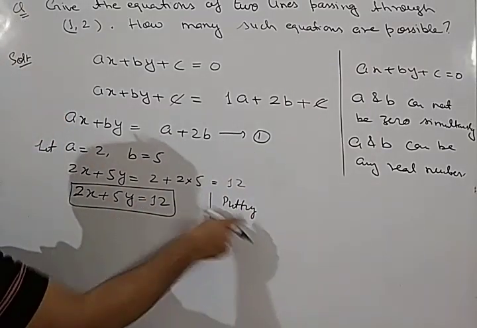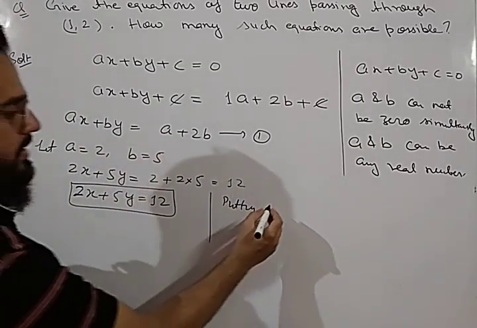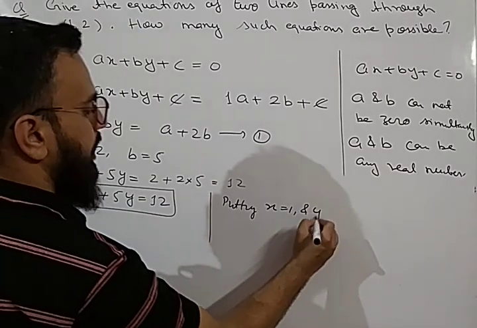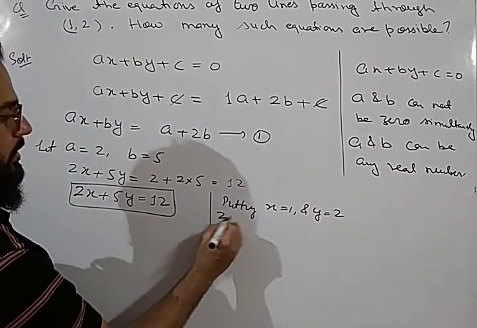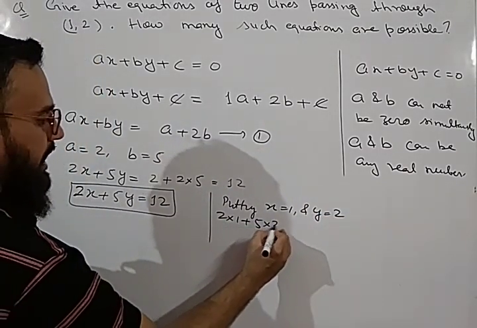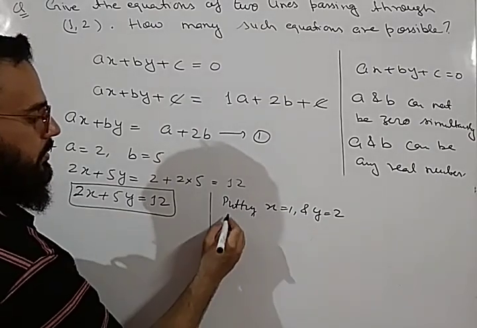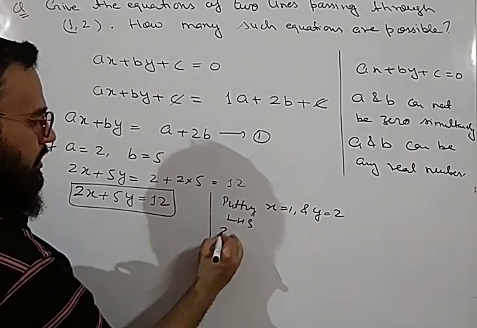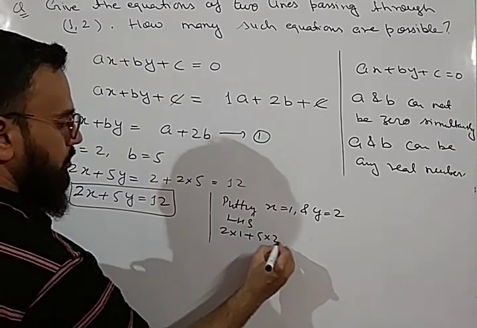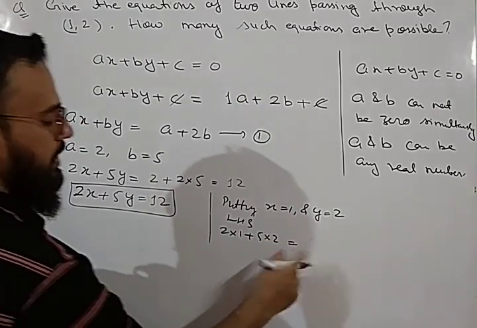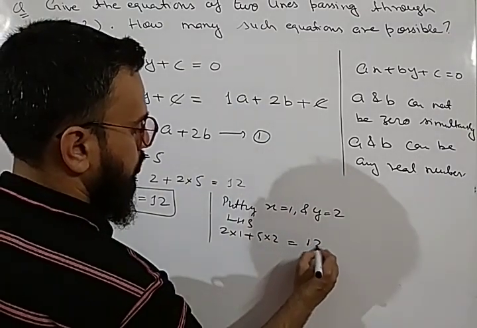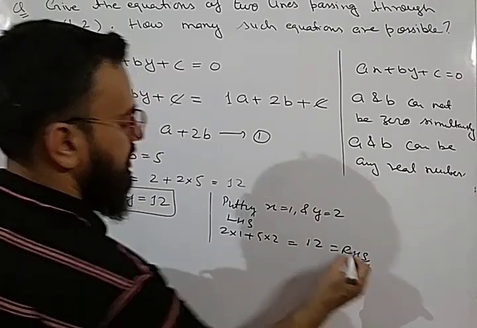So putting x equal to 1 and y equal to 2, on the left hand side it will be 2 into 1 plus 5 into 2. So it will be 2 plus 10, that will be equal to 12, which is equal to the right hand side.